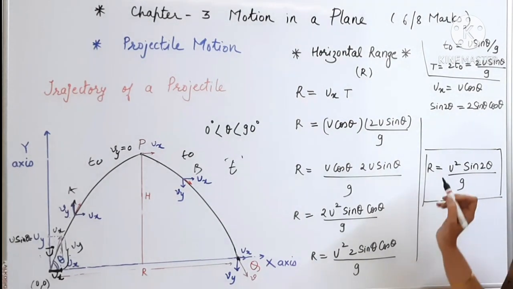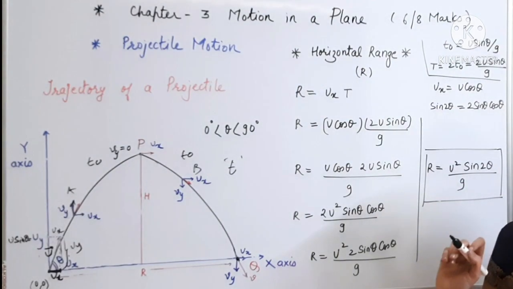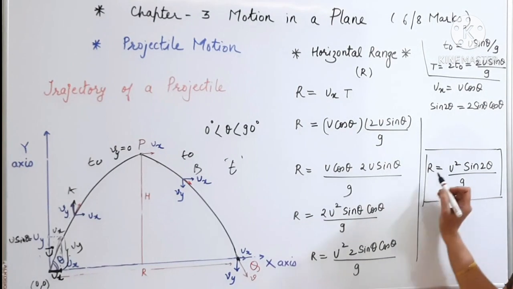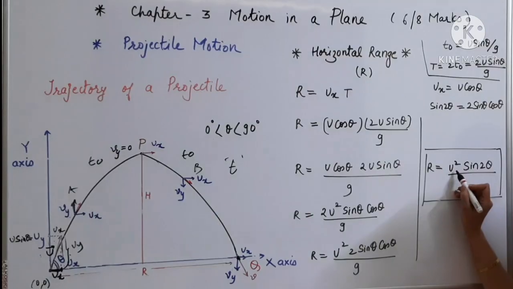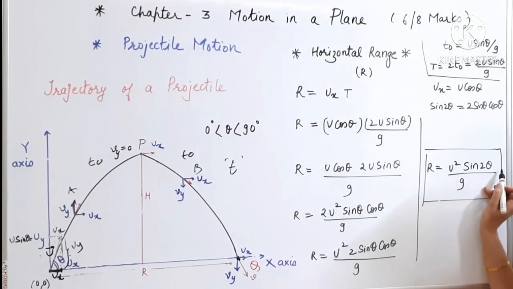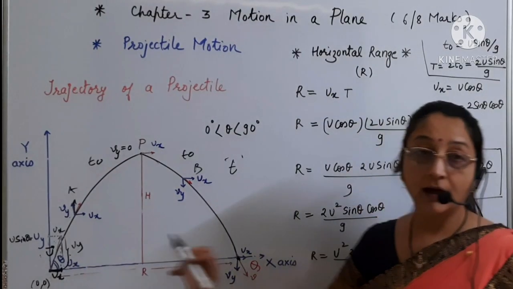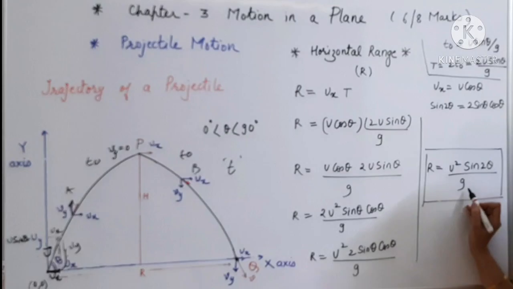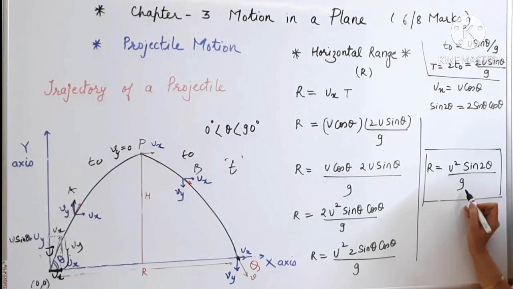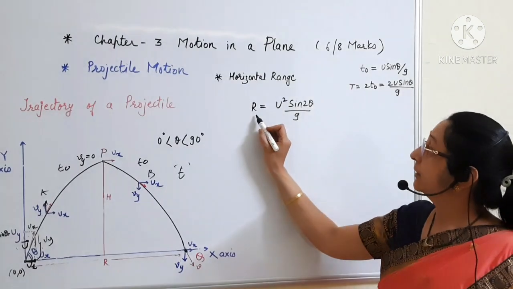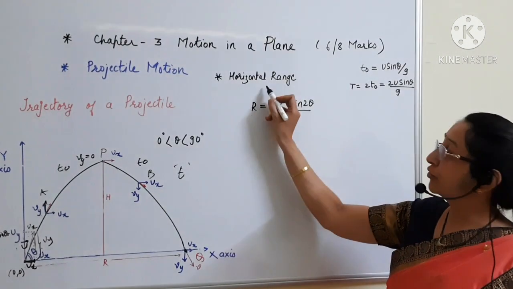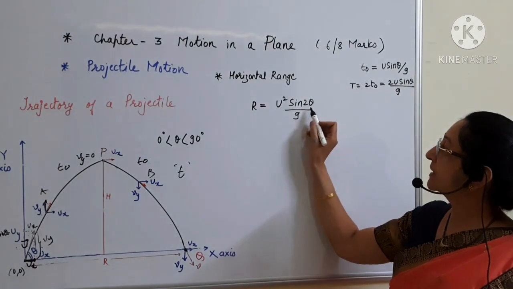That is, the horizontal range depends upon the magnitude of the initial velocity u, the direction of the initial velocity, that is theta, and the acceleration due to gravity g.